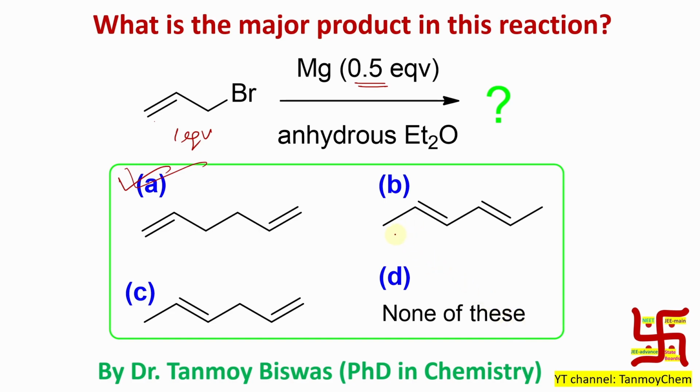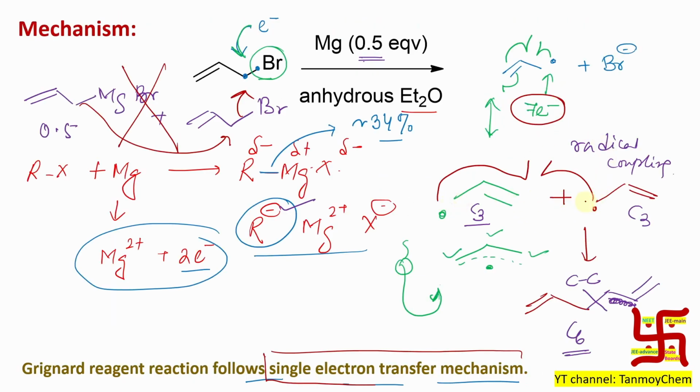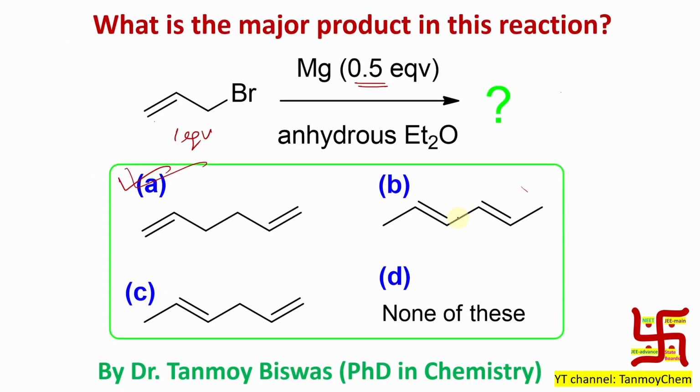Now if you look at the other options, are they really logical from a radical point of view also? One radical and another radical are combining. Will these radicals combine with a double bond? No. This allyl radical has 7 electrons, it will react with that. So how is this possible?